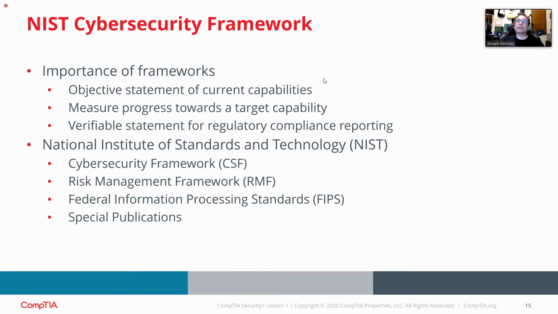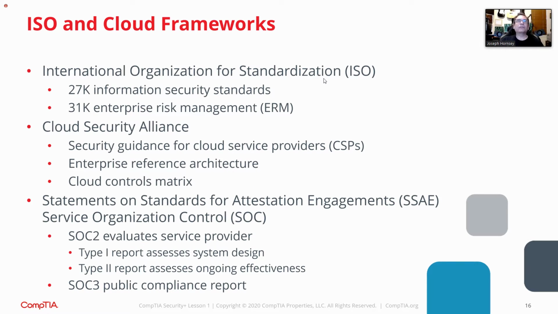The NIST cybersecurity framework, you really need to be familiar with that. There are other frameworks out there as well. These are not nearly as prevalent, especially in small to medium-sized companies. But the International Organization for Standardization, or ISO, has put out the 27,000 series or 27K series of standards, which all have to do with information security.